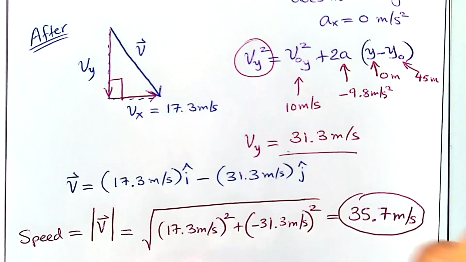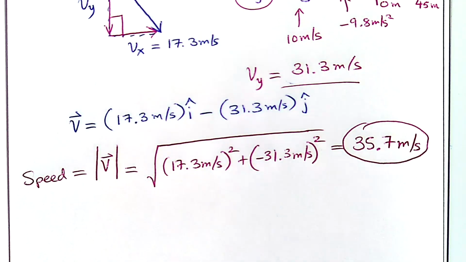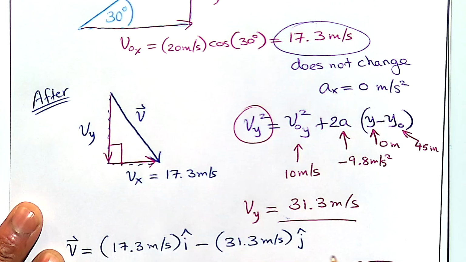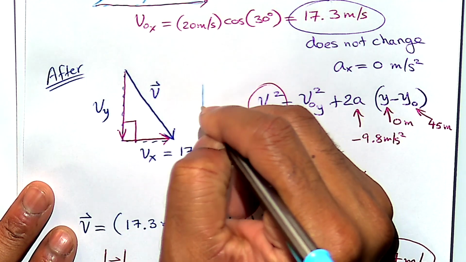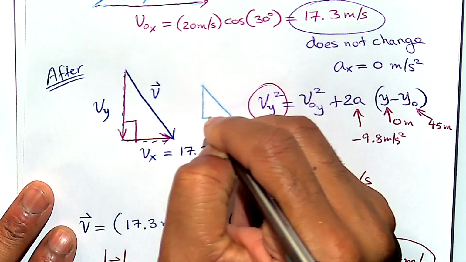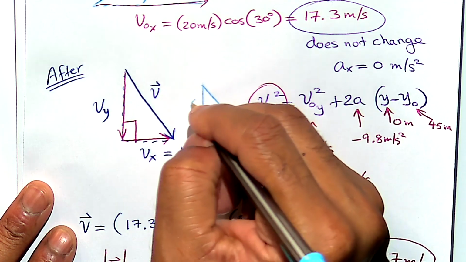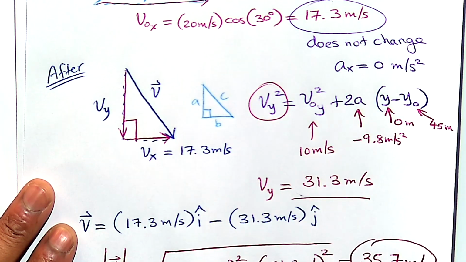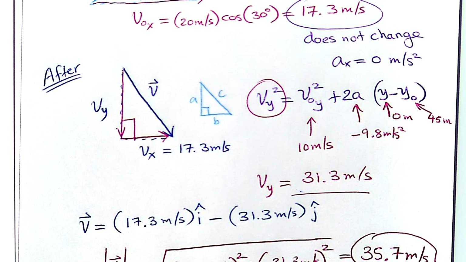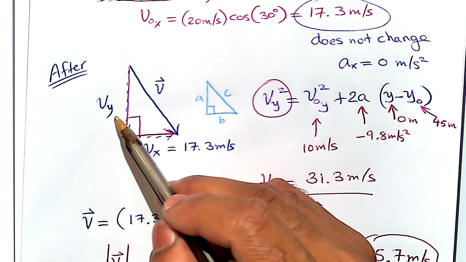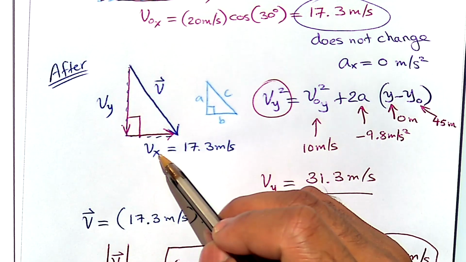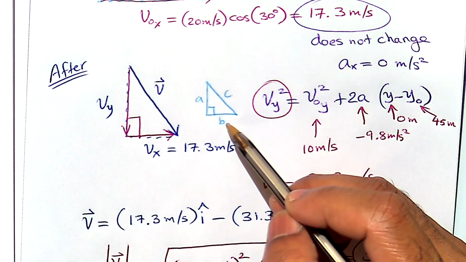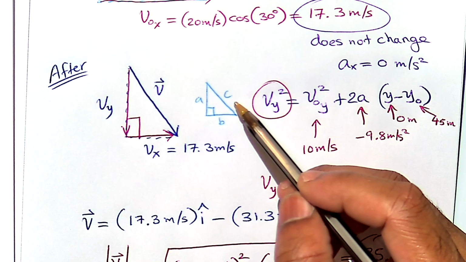And the way you figure that out is using your Pythagorean theorem, right? Because this, let me try to draw a smaller right triangle right next to it, is equivalent to this: a, b and c. So a is your y component, b is your x component, and a squared plus b squared, square root, is c.